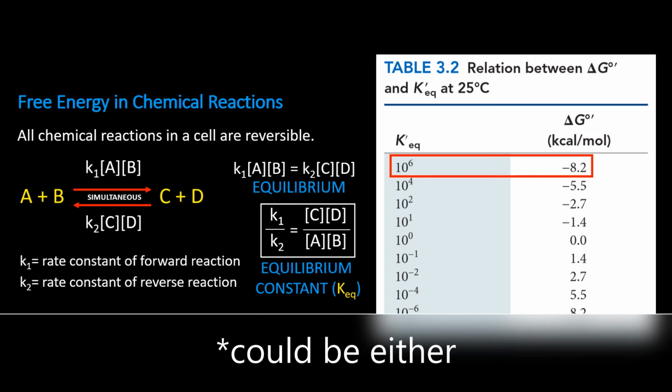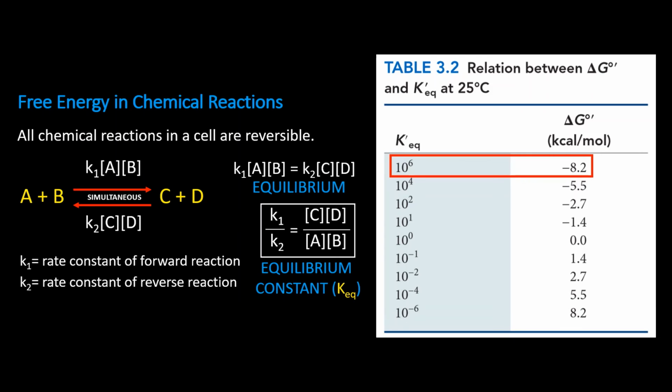Could be neither. When your free energy is negative 8.2, then this reaction is very spontaneous. And then look at the equilibrium constant here on the left, 10 to the power of 6. That's a very large equilibrium constant. What does that mean? Look at the equation for the equilibrium constant. The numerator will be the concentration of the products, and the denominator will be the concentration of the reactants.